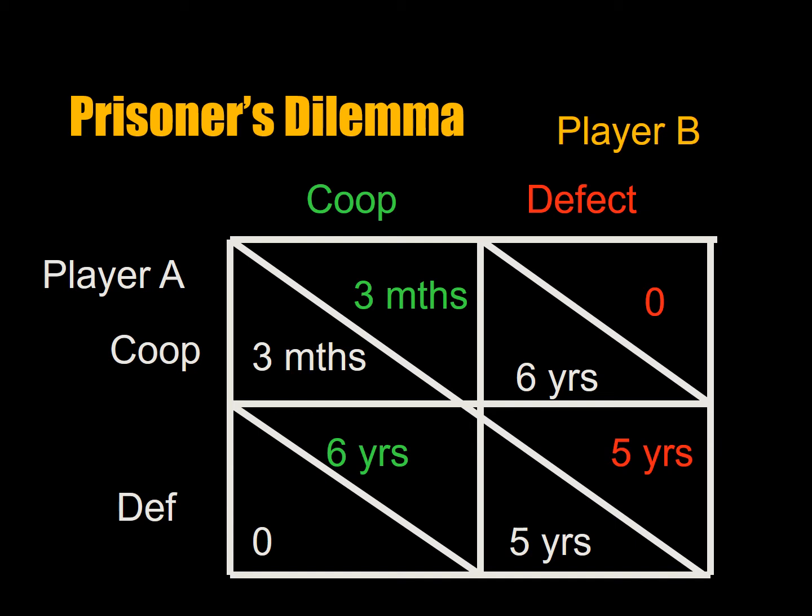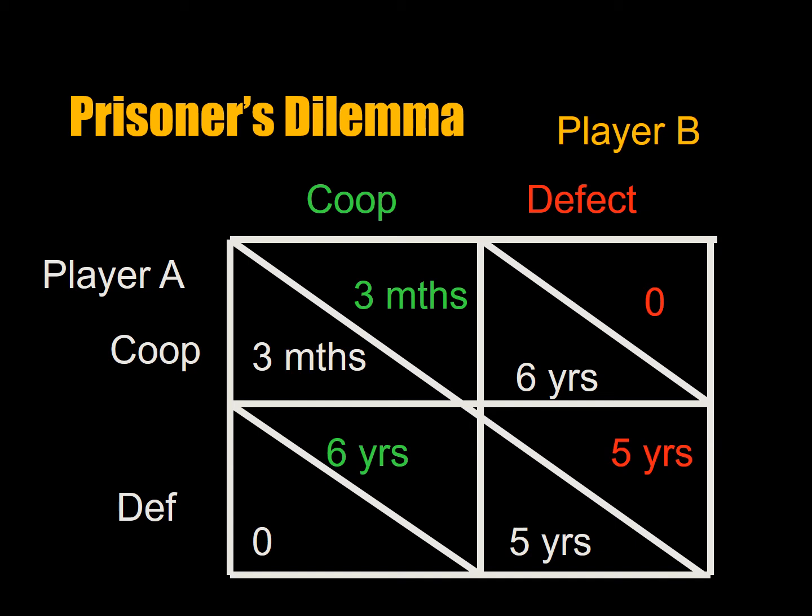Now, this strategic form is meant to represent a situation where two or more individuals go to rob a bank. But before they can rob the bank, they're caught, and then they're isolated. And so there's no actual robbing of the bank, but there could be intent to rob the bank.